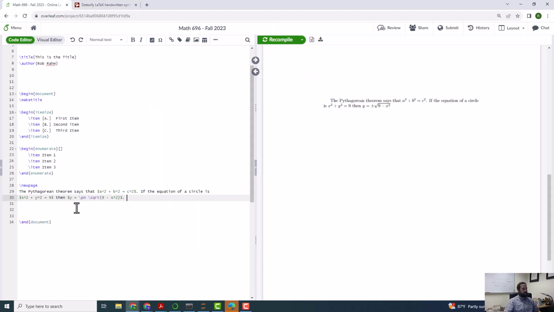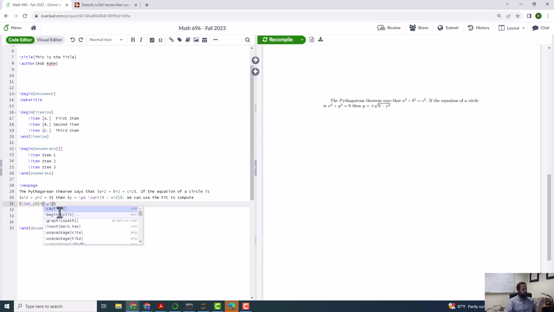That's what it is. So I'm going to come over here and say we can use the fundamental theorem of calculus to compute the integral. Let's say we're going to go from 0, so underscore 0, to pi, caret pi. If I just run this code, it's just going to be the integral sign from 0 to pi.